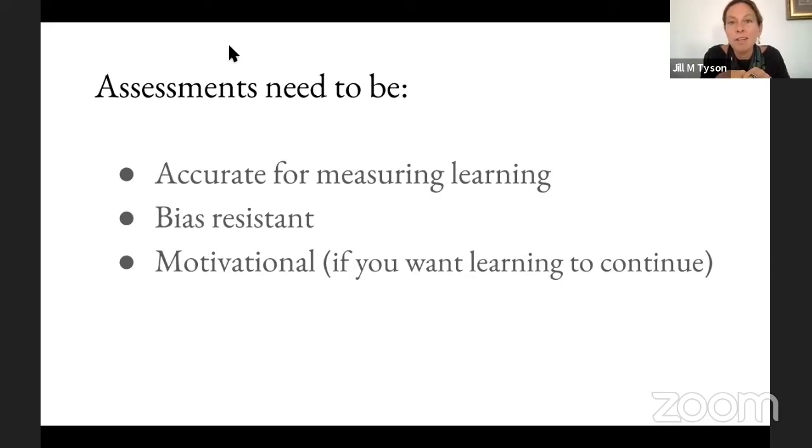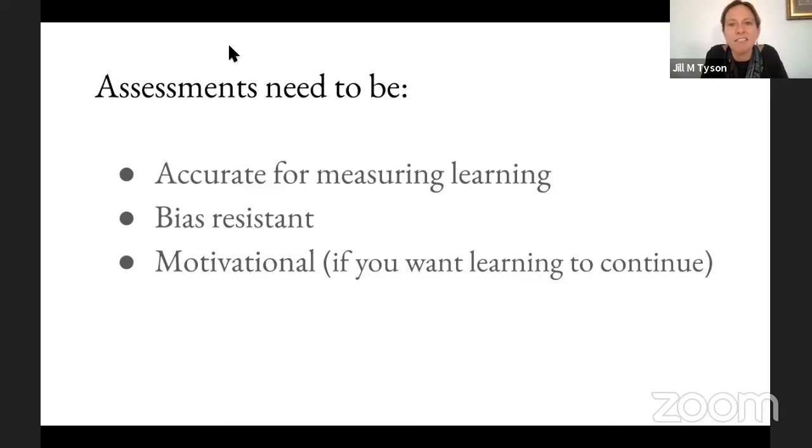And when we're giving grades for homework, this has a potential to be a little bit biased. So we need to make sure that we're considering all of those factors. Maybe some of your older students have jobs, or they have parents or siblings that they have to care for. So thinking about this and being as bias resistant as you can be in all of your assessments needs to be taken into consideration.